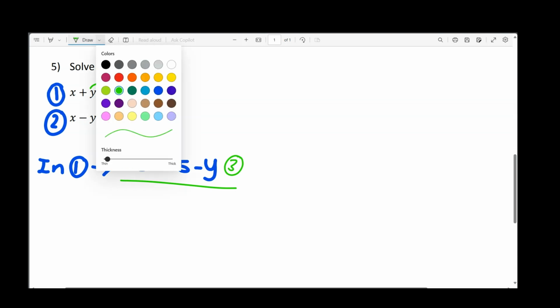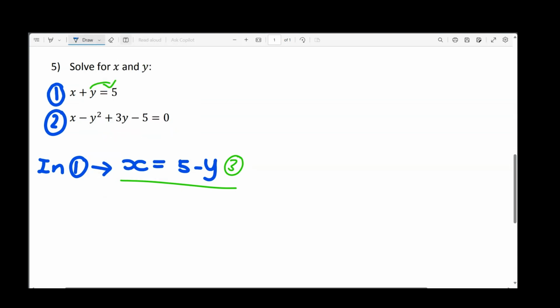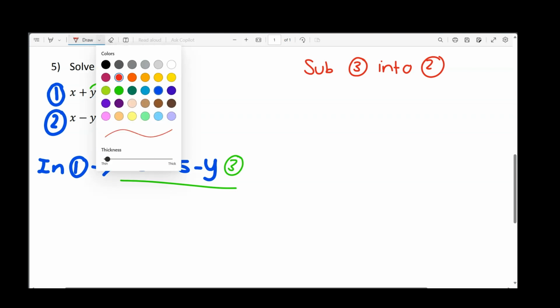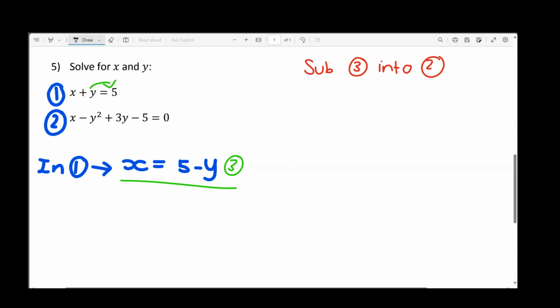And then what we do is we say, well, let's get a different color pen. Sub equation 3 into equation 2. Okay, so wherever there's an x, I'm going to be putting that 5 minus y.